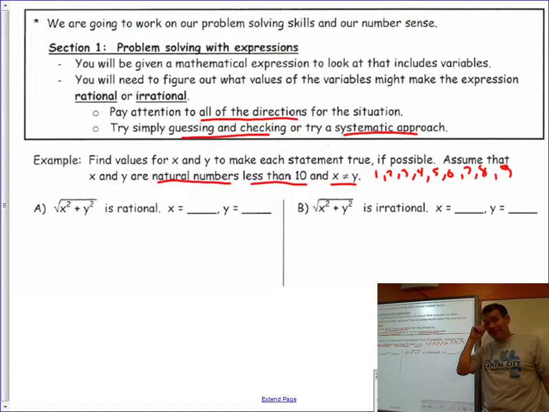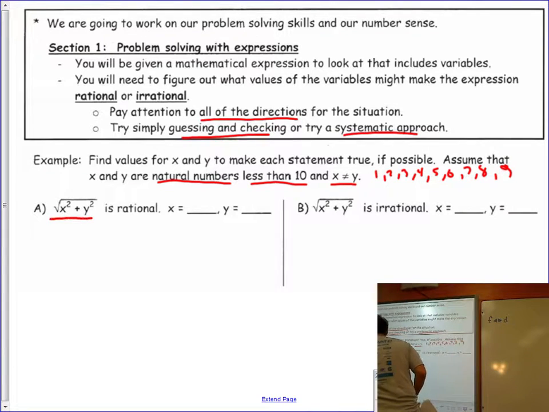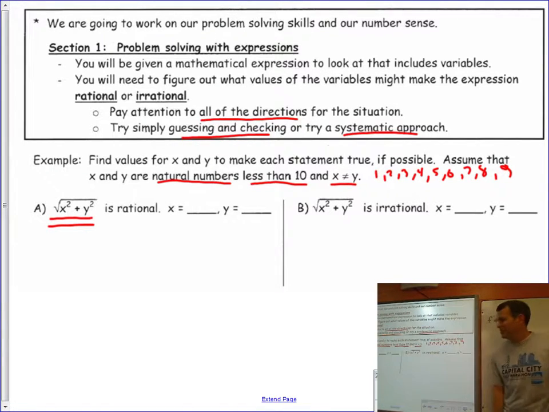All right, so I am looking for the square root of x squared plus y squared to be a rational number. And 1 through 9 are the numbers I can choose from. Now I could just guess and check like this.